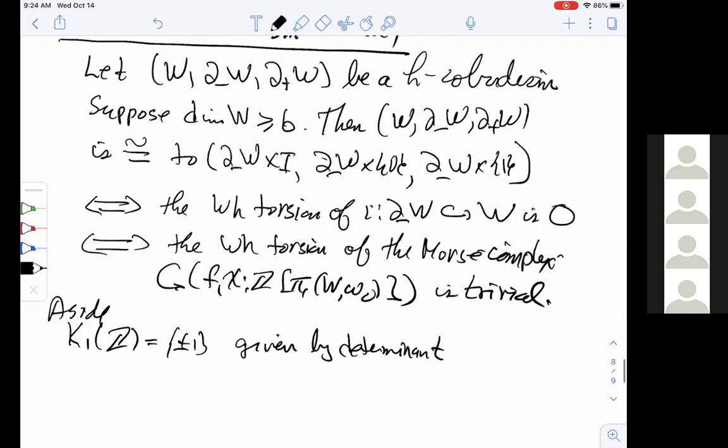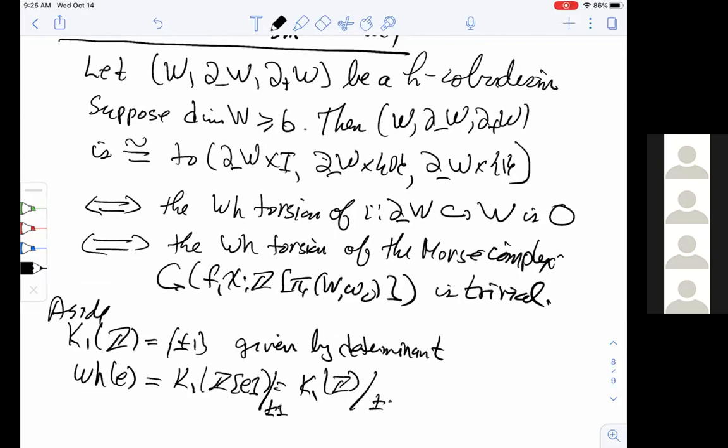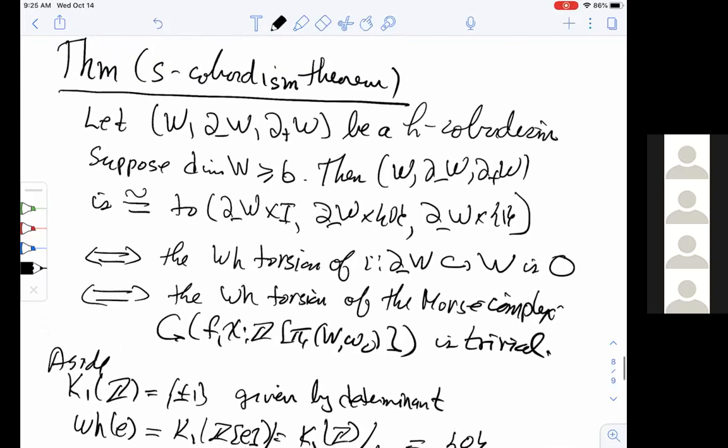So the Whitehead group of the trivial group is K1 of the integral group ring of the trivial group, which is K1 of Z modulo plus or minus 1, which is trivial. So in the special case when the fundamental group is trivial, there are no Whitehead torsions. The groups are 0, so these two conditions hold, and therefore the s-cobordism is a product by this theorem.